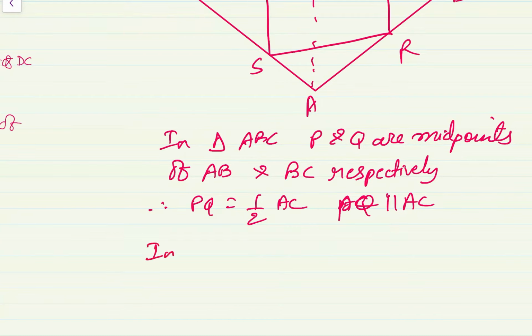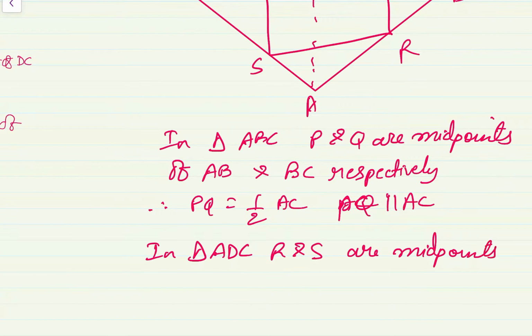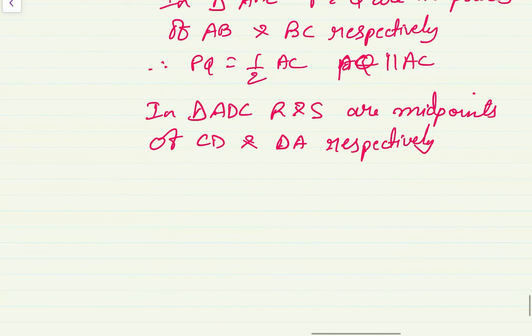Same way in triangle ADC, R and S are midpoints of CD and DA respectively. Therefore, again by midpoint theorem, SR is equal to half AC and SR is parallel to AC.